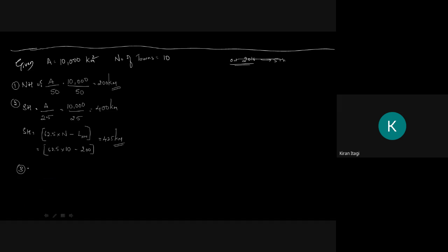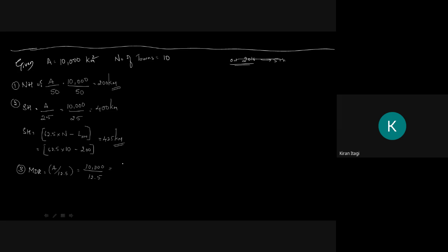Next, we have length of the major district road, and the formula is area upon 12.5. What is the area? It is 10,000 upon 12.5.